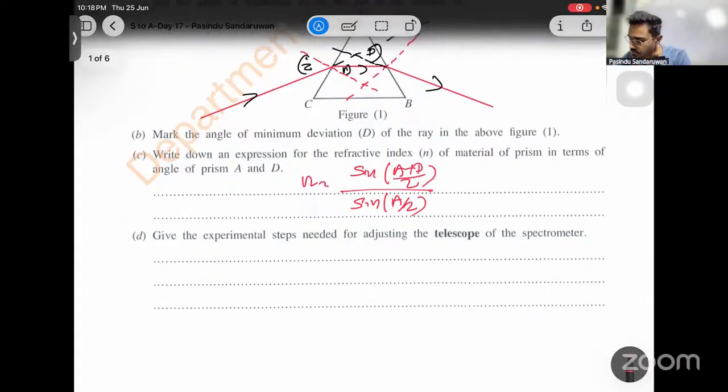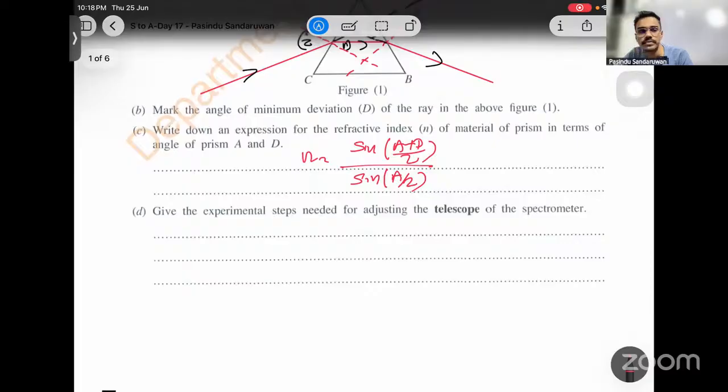Next one. Give the experimental steps needed for adjusting the telescope of the spectrometer. When we adjust the telescope, there is a sequence in those steps. The telescope consists of an eyepiece and an objective piece. First of all, we have to adjust the eyepiece until a clear sharp image of the crosswires is seen.